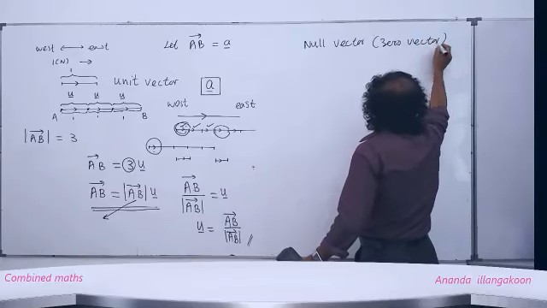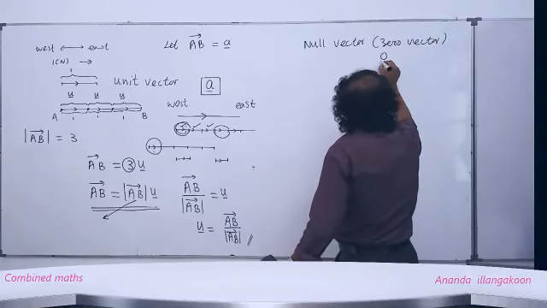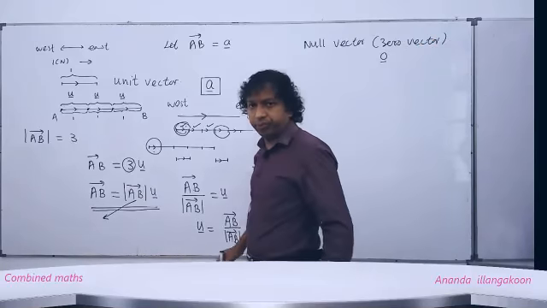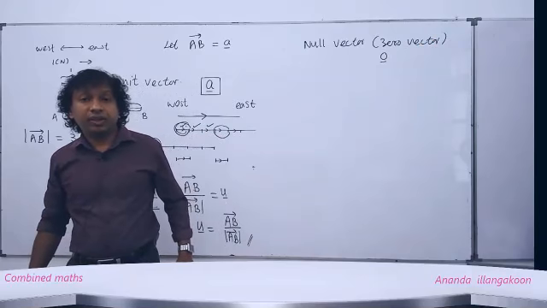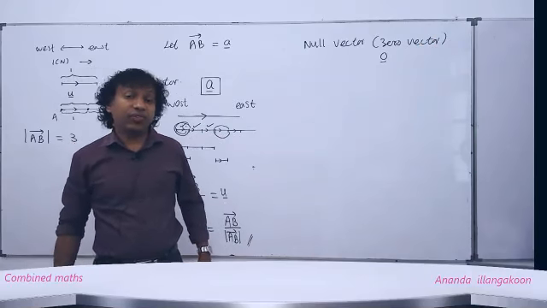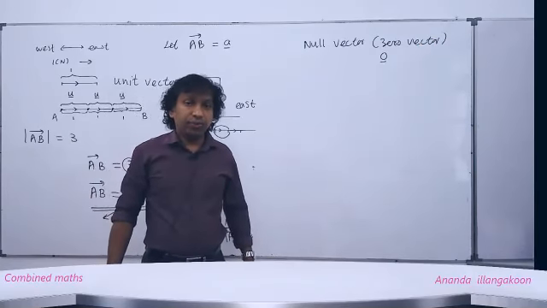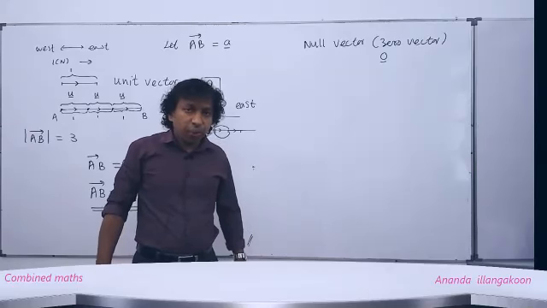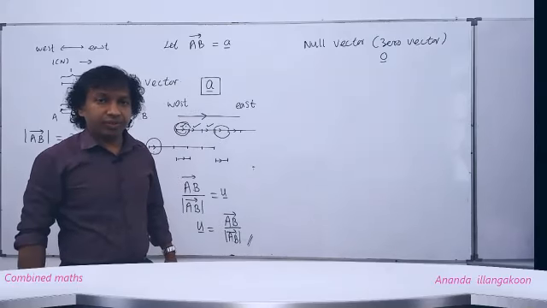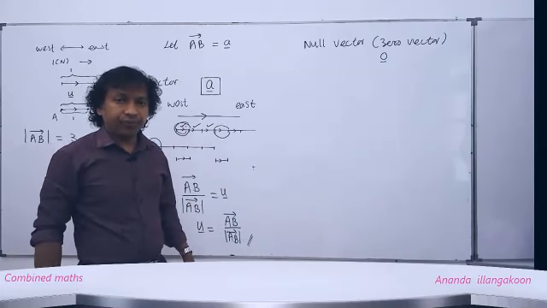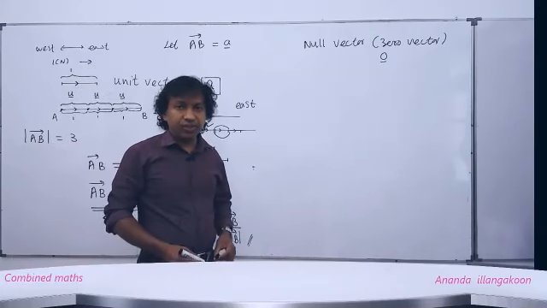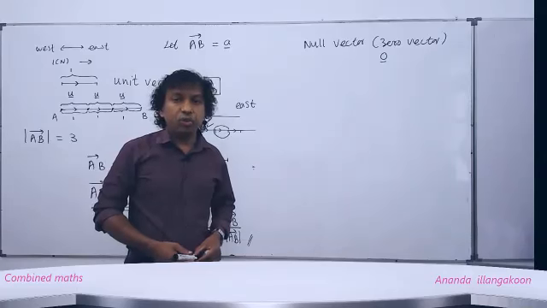It is denoted by 0, which we underline like this. This null vector or zero vector means the size of the vector, or the modulus or the magnitude of the vector, is 0. Size is 0. Such a vector is called the zero vector. Can somebody give me an example to understand this?